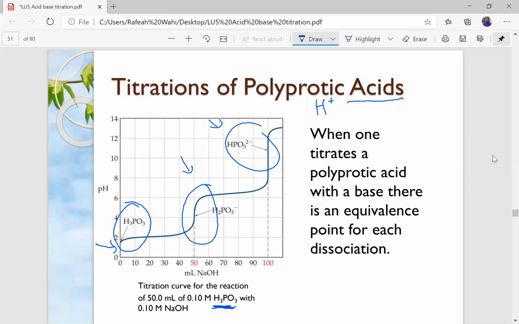So you will have the curve running from the lower pH and ending with a higher pH at the end of the titration curve. For the 3 equivalence points for the 3 protons released by the polyprotic acid, which is H3PO3 here, you see that each of the 3 titration curves has its own inflection point.